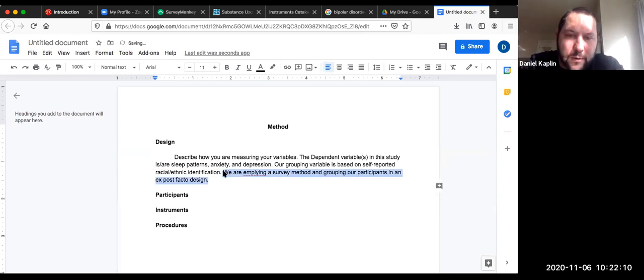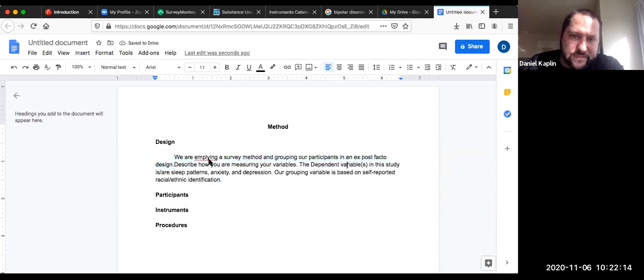I actually prefer moving that to the beginning of the paragraph as well, because it basically states your overall design.